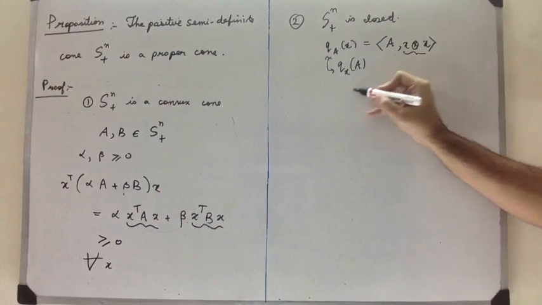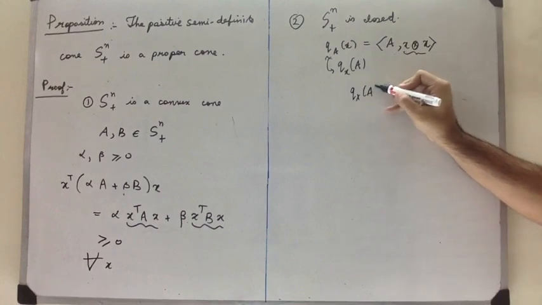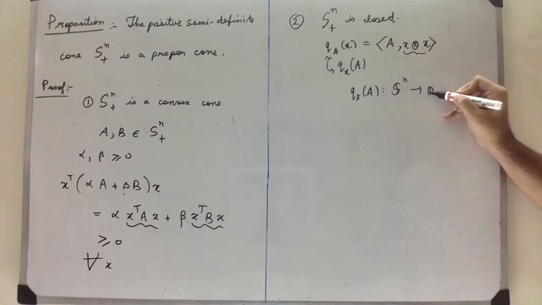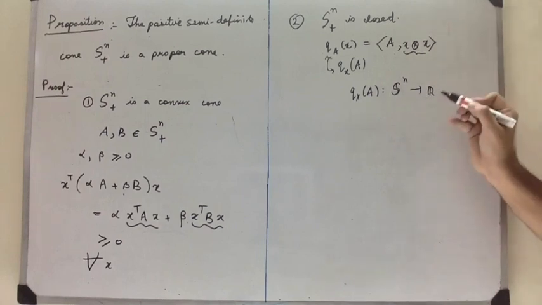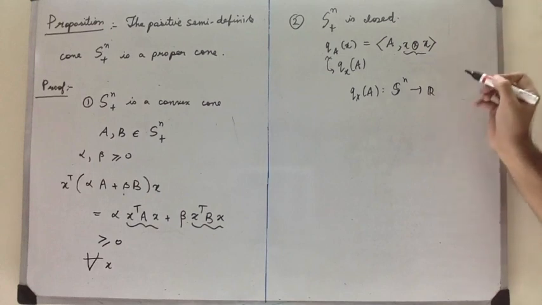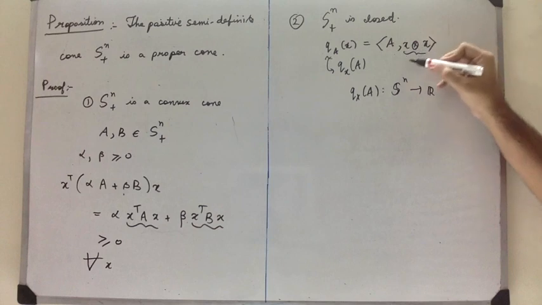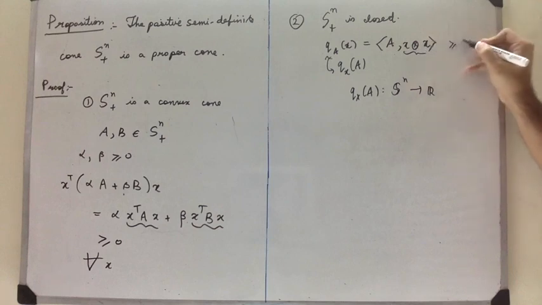If you fix an x, then this Q_x of A is a map from S^n to R. So basically, you are claiming that this quantity has to be greater than or equal to 0 for all x.